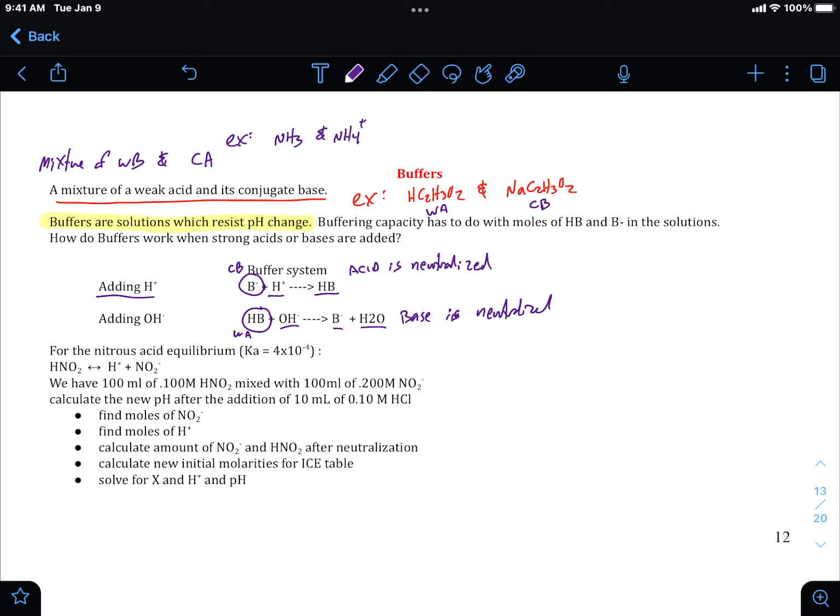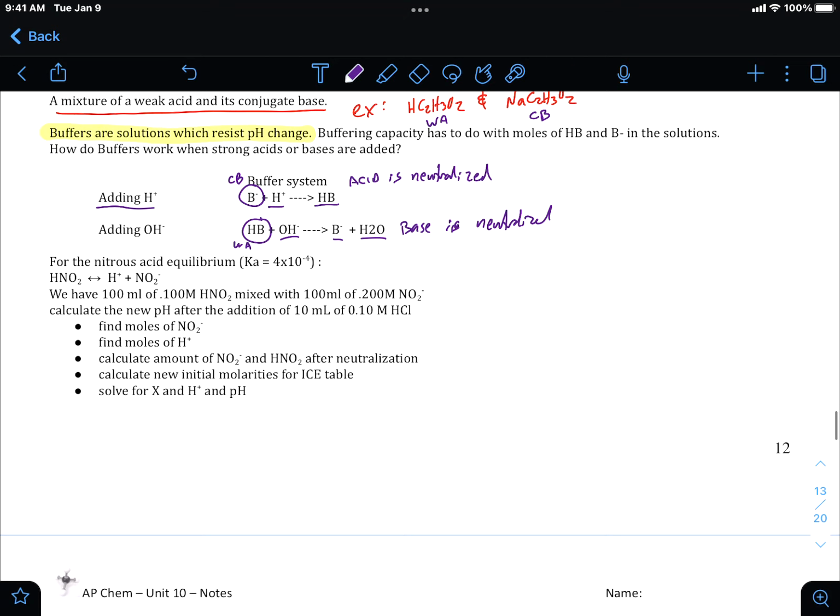All right, so to illustrate that point, let's try this first calculation. So here I have the nitrous acid equilibrium system here, all right, Ka is given. We have 100 milliliters of 0.1 molar nitrous acid, and we also have its conjugate base. We want to find the pH after we add 10 milliliters of HCl, but first we have to find the pH alone.